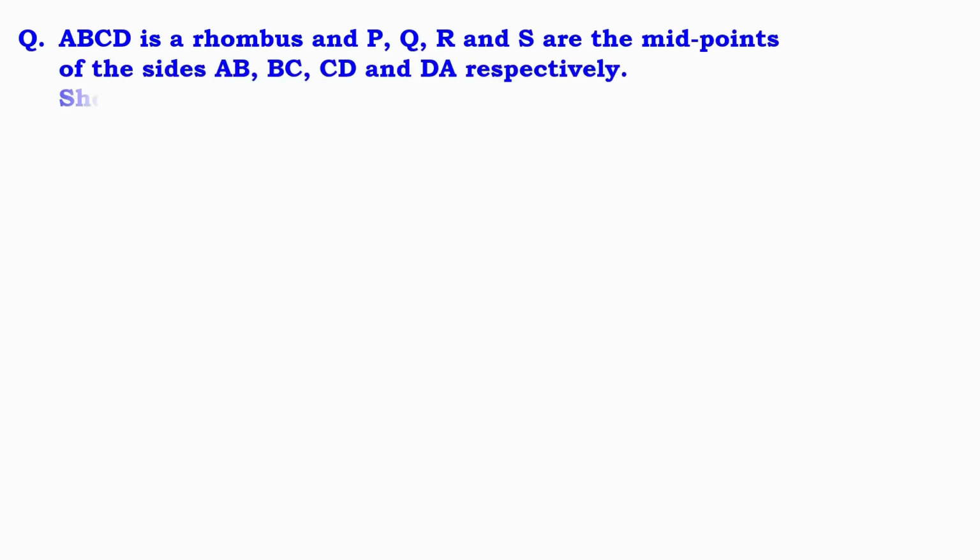Now let's take a look at another problem. ABCD is a rhombus and P, Q, R, S are the midpoints of the sides AB, BC, CD and DA respectively. Show that PQRS is a rectangle. Okay.